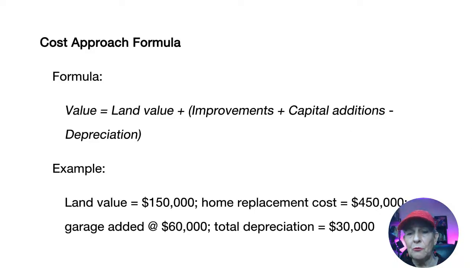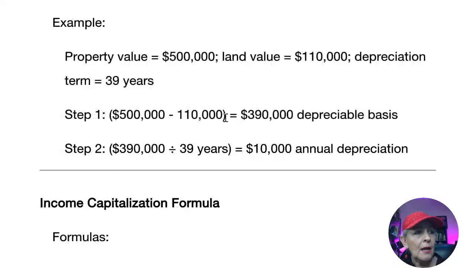And you are correct, MJ, multiply by 12 if we're doing the annual. Nobody? Okay, so one of the approaches is the cost approach formula.